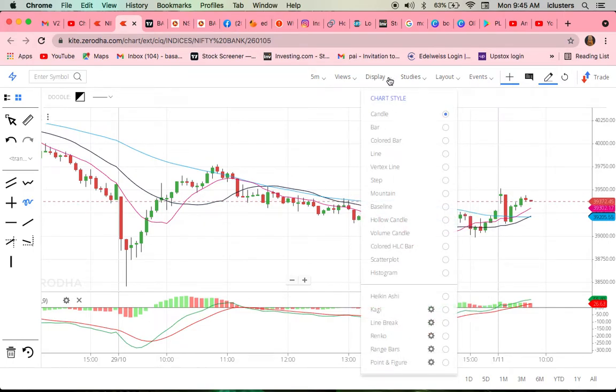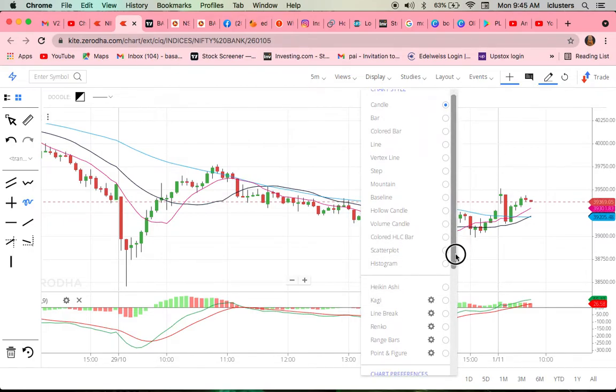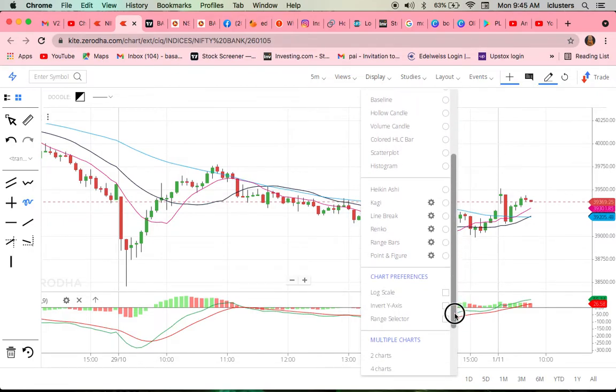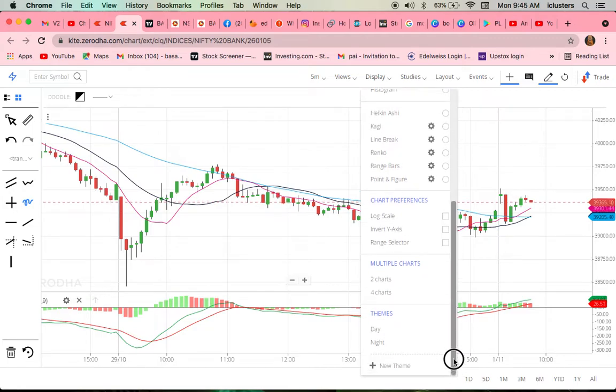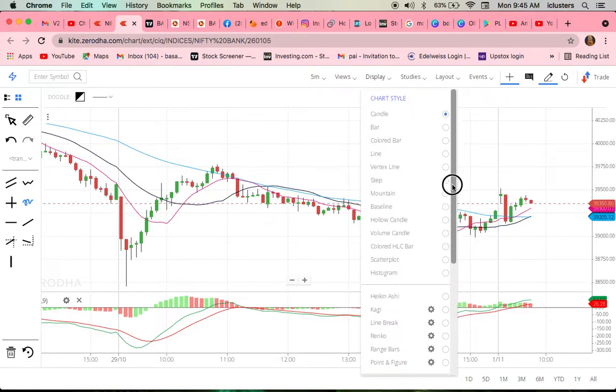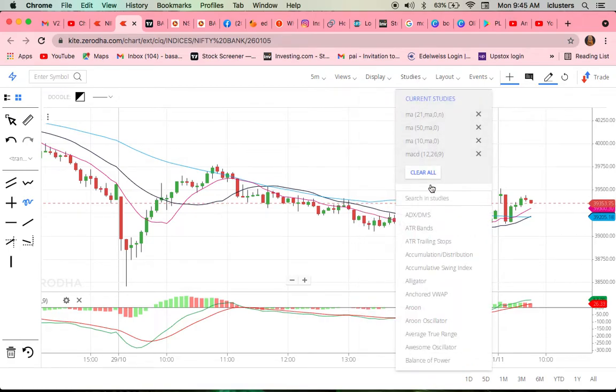I want to apply one more indicator, that is RSI, because that will show the overbought zone to oversold zone, so that we can analyze where is the demand zone and where is the supply zone.